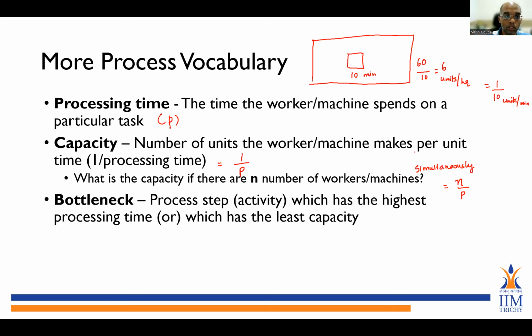That is what we refer to as our bottleneck. There are other ways to define bottleneck as well, but we will look at that later. In any process, you will see that the process step which has the highest processing time is what we call the bottleneck, right?